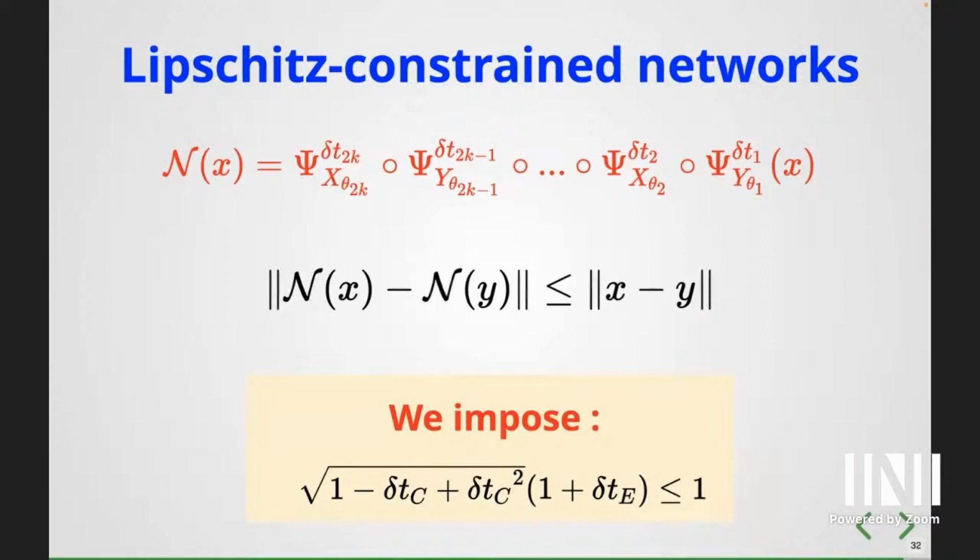Even if you allow for an expansive step, you will have to have a longer contractive step essentially afterwards, so that the combination is still contractive or non-expansive. So the network is this alternation of contractive and expansive layers, but overall you can still ensure that it's one Lipschitz.